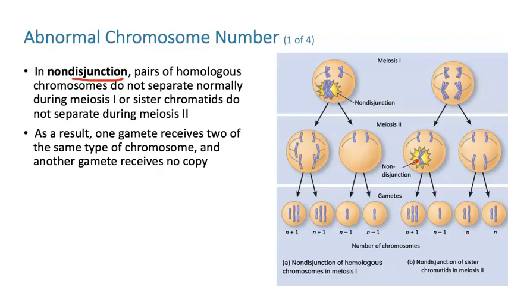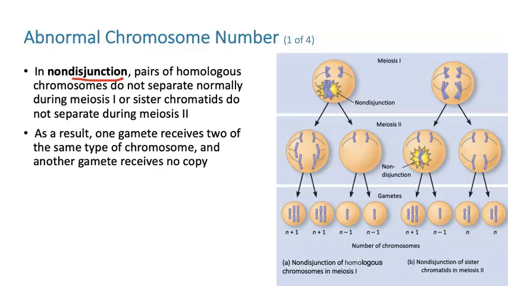But this one didn't separate properly during meiosis 2. I have to tell you that it will later be forced to separate, because eventually this cell is going to go through another round of mitosis, for example. And so as long as those eventually do separate, we have n plus 1 number of chromosomes here, and we have n minus 1 number of chromosomes here.